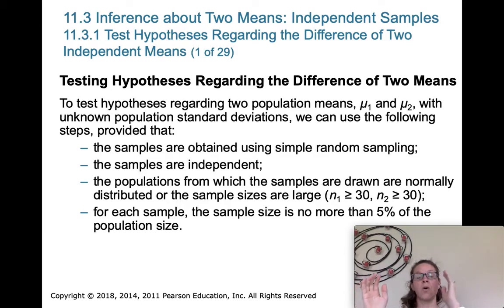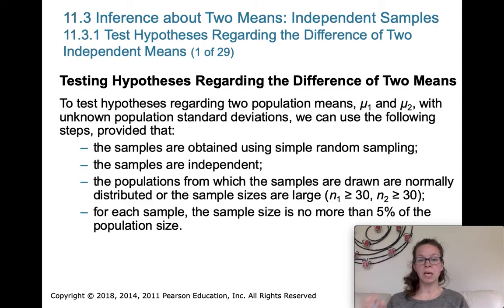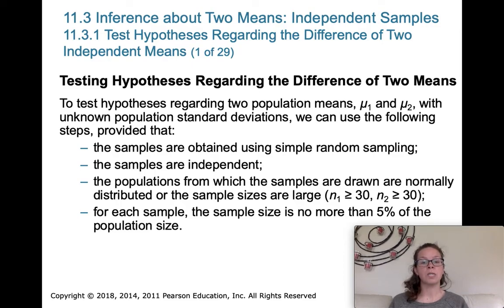Then I go and kind of start over. I got my population and I choose another sample. So it's not the paired where it's like, okay, I'm going to choose my sample and now I'm going to choose all of their siblings or something. That would be dependent. So this is completely independent of each other for this method today.